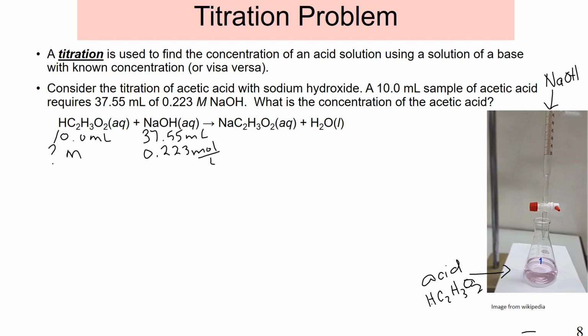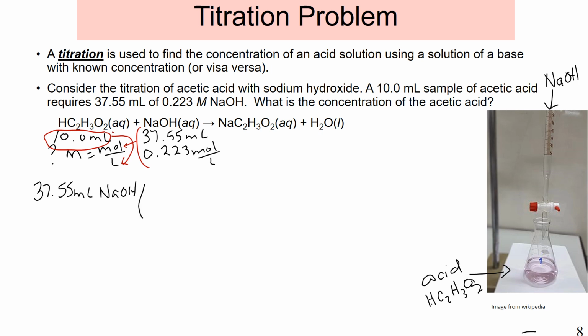So we know the volume. So this is going to be moles per liter. We know the liters. This number right here, we're going to use for the liters. And then these two pieces here, we're going to use to find the moles. So the way we do it, we start with our number that has 1 unit. We'll start with 37.55 milliliters of NaOH. Now really what I need is liters.